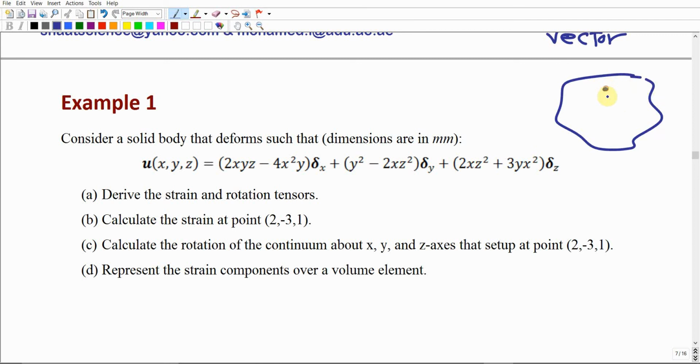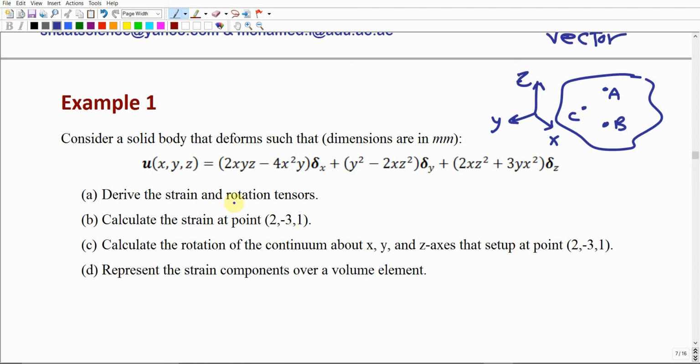For example, if we are interested in finding the displacement of point A, your objective is just to plug in the coordinates, X, Y, and Z. You locate the coordinates of this point and plug them here. You're going to end up with the displacement of this point, how it's going to be moving parallel to X, Y, and Z. The same thing can be applied to any other point like point A, B, C, any point belonging to the continuum. This is the meaning of this displacement field.